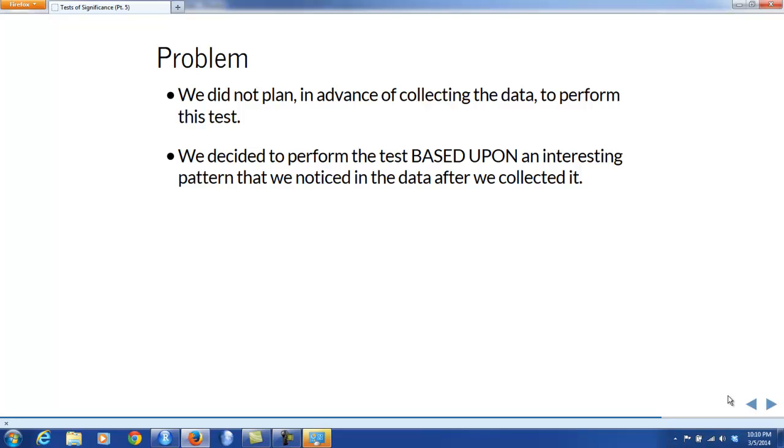But there's a problem here too. It's not like we are intentionally ignoring data or hiding data from our audience. It's just that we did not plan in advance of collecting the data to perform this particular test. We decided to perform this t-test based upon an interesting pattern that we noticed in the data after we'd collected it and started pawing through it.